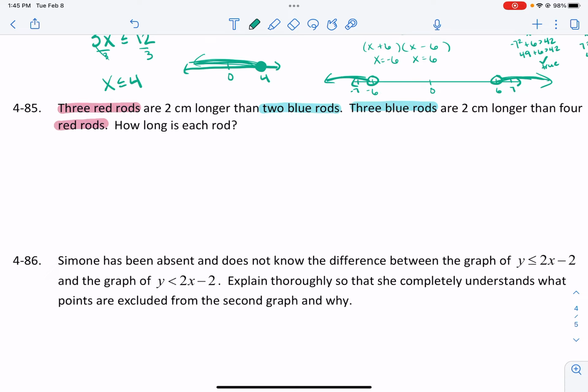All right, so we're going to write 2 system equations here. So we're going to take R equals, let's say, the length of a red rod. And B is the length of a blue rod.